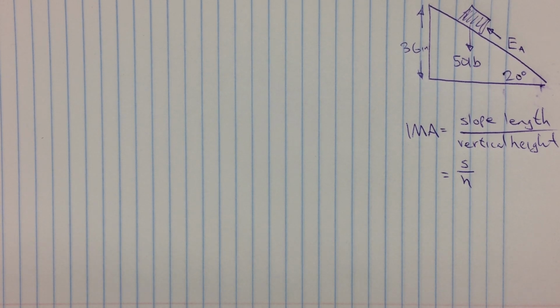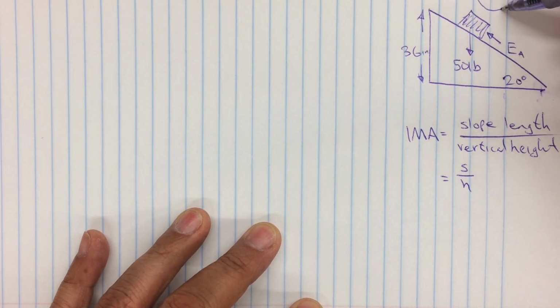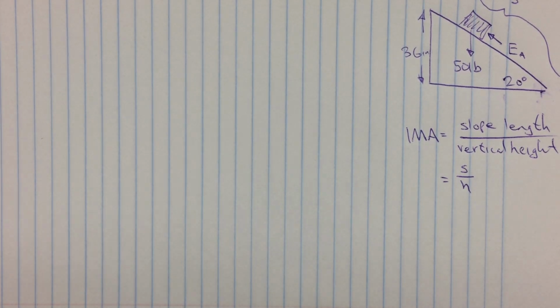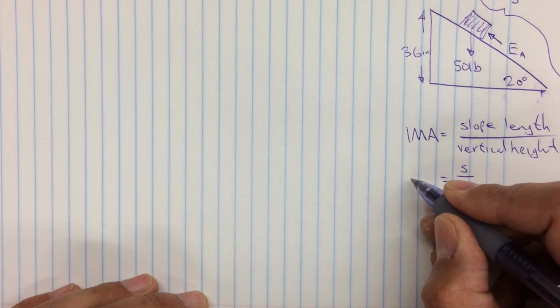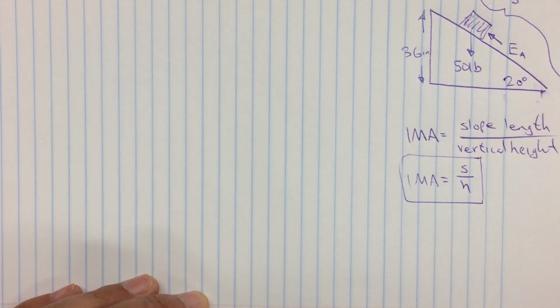One thing to keep in mind is the definition for ideal mechanical advantage for an inclined plane is the slope length, in other words, how long this is, over the vertical height, which is how high we are raising it up. So that's what it is, right? The slope length over vertical height equals S over H.